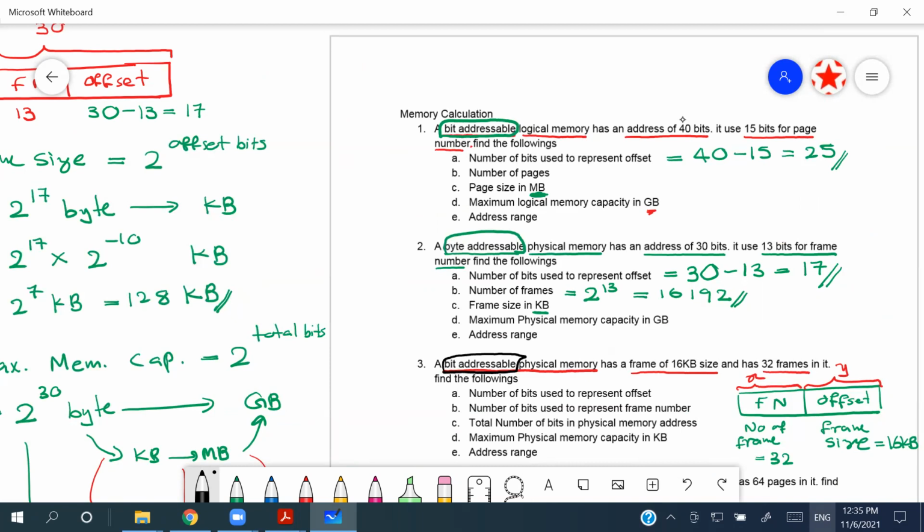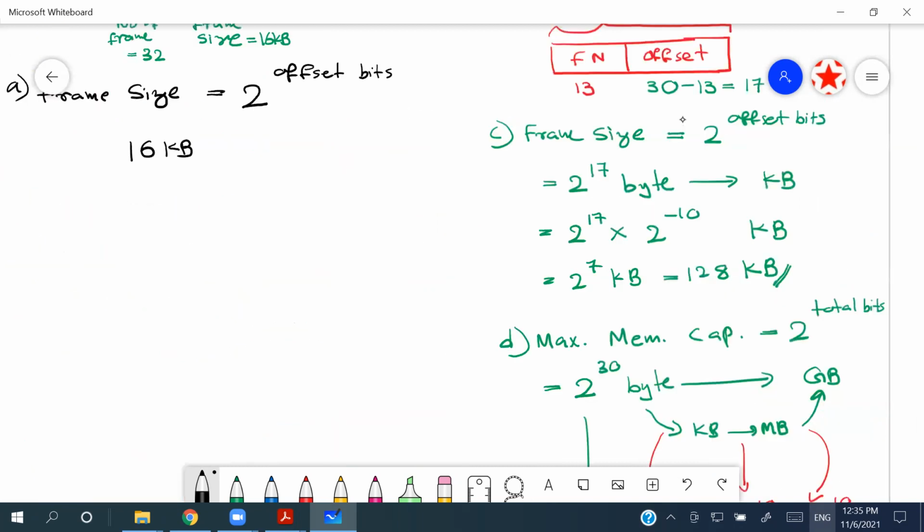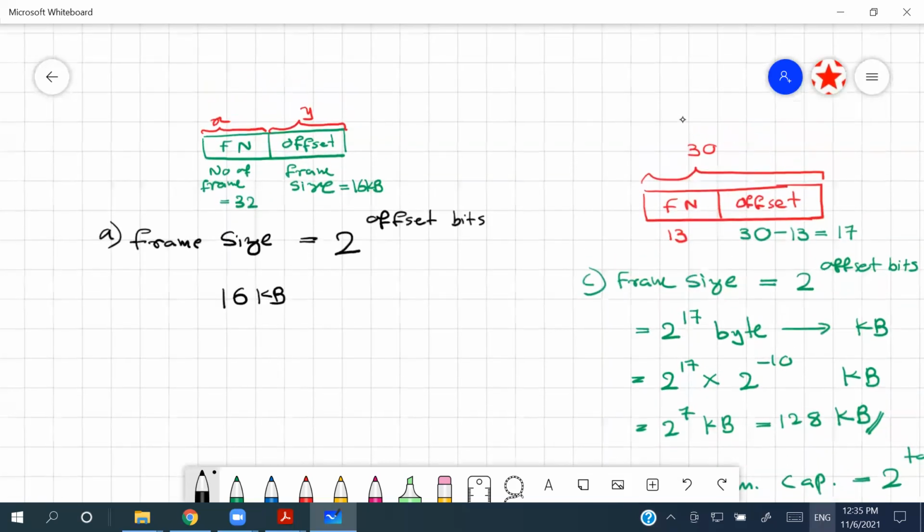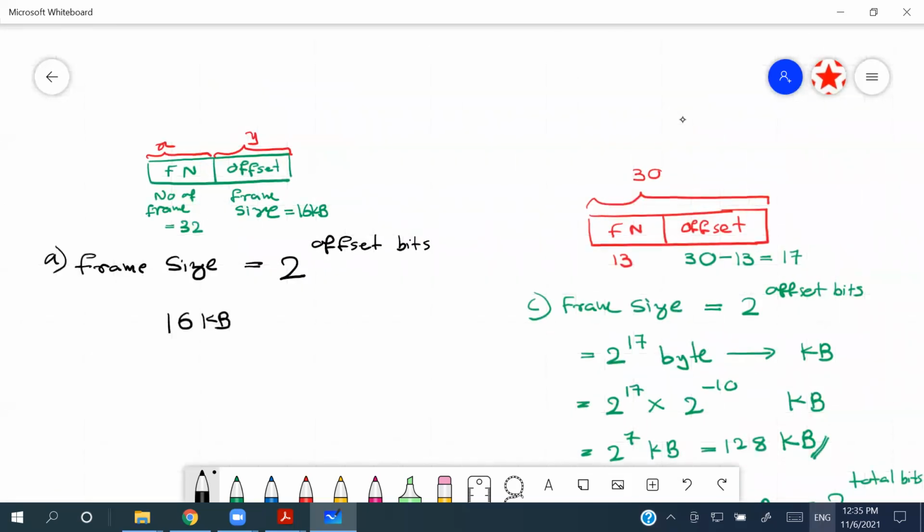In the third question, it is called bit addressable. That means this 16 kilobyte needs to be converted into bits first. So let's try doing that first, right? 16 kilobyte into bits. How is it going to be? Kilobyte will be bytes, bytes will be bits.